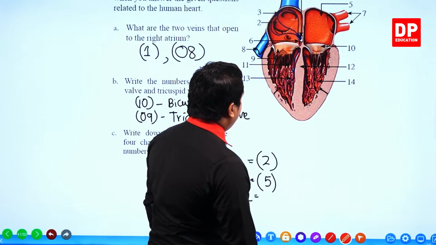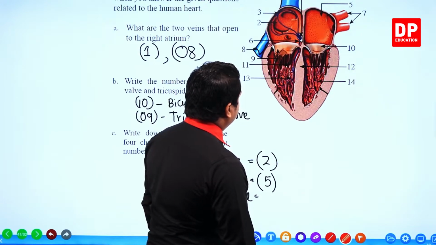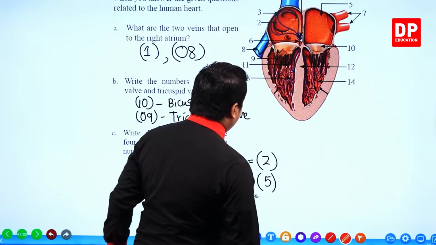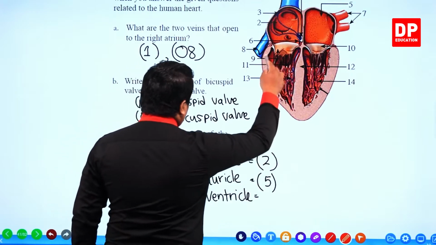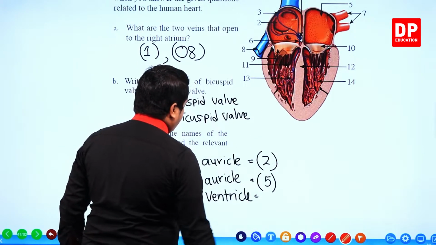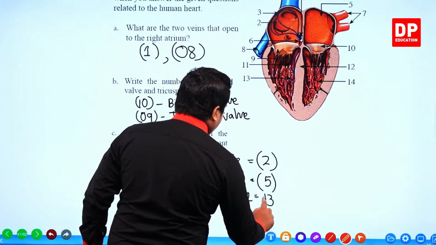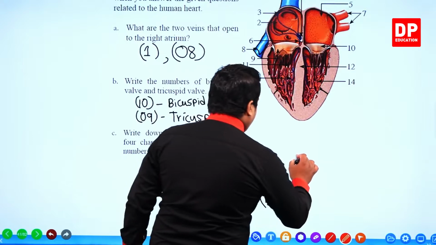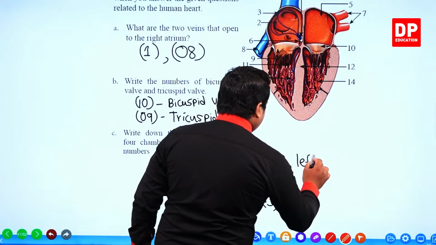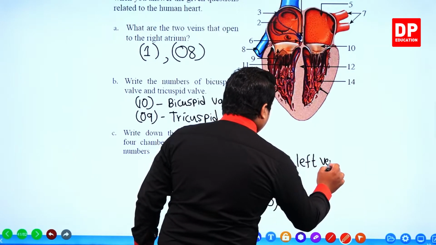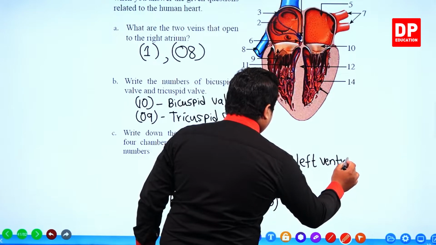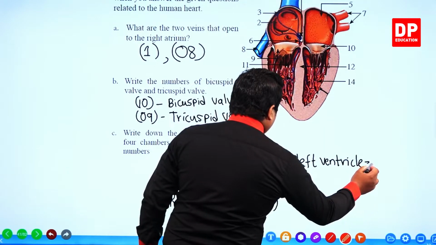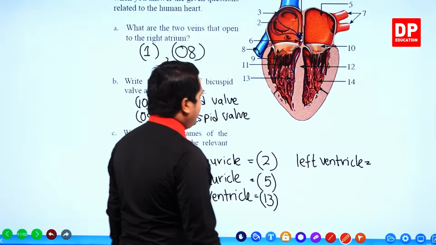Number 13 and number 11 both refer to the same, but we'll mention number 13. Number 13 is the best option. Then left ventricle.